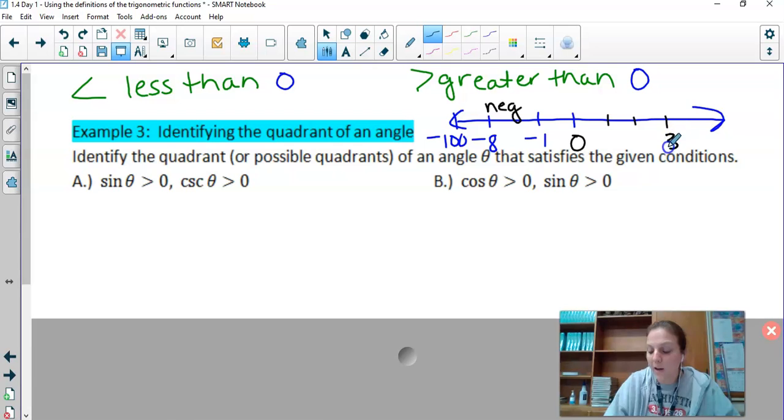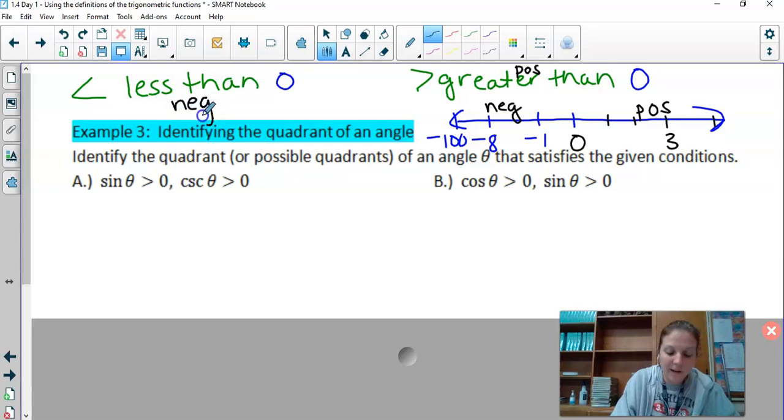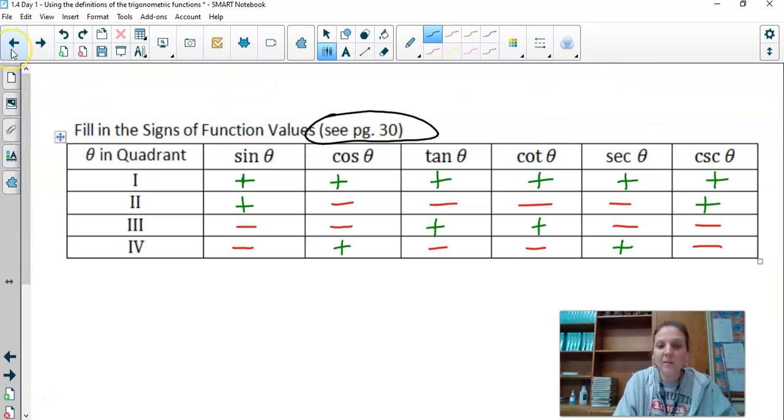Numbers then on the right would all be positive. Okay, so if we're looking for things that are greater than 0, those would be things that are positive. If we are looking for things that are less than 0, those would be things that are negative. And that's going to relate to this chart right here, positive and negative.